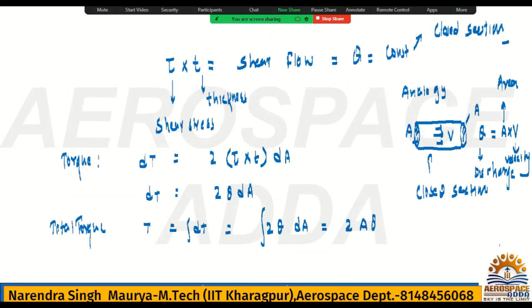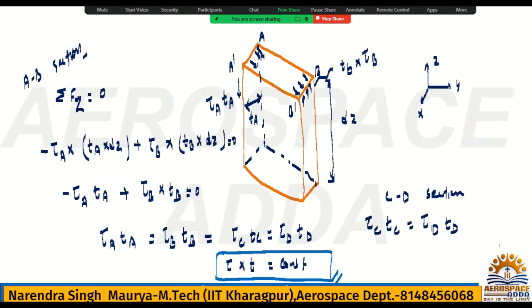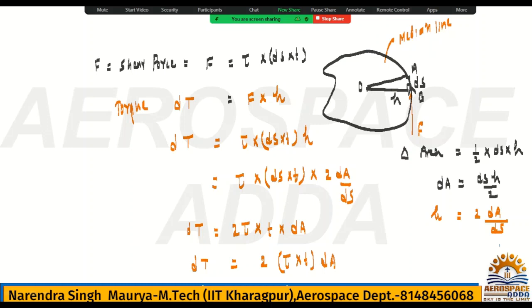Now if you have doubt about how this analysis comes, you can draw this diagram. By this diagram you can also understand, it's simple. You have taken this portion. This was the ds elemental length.